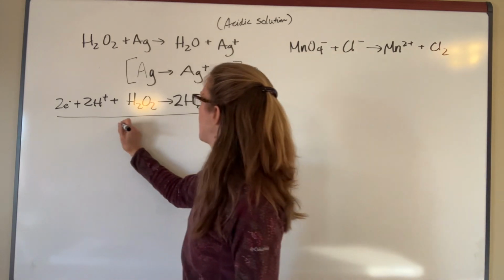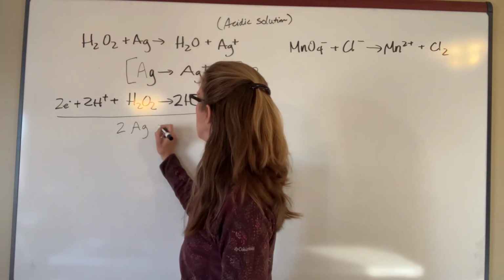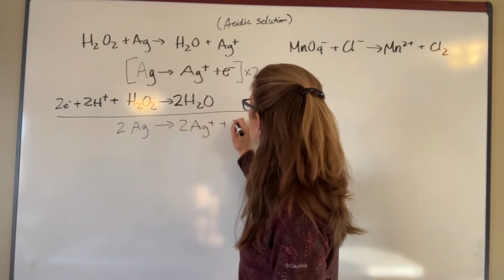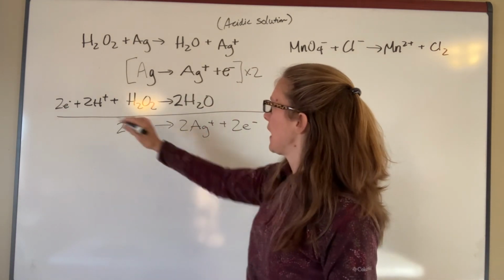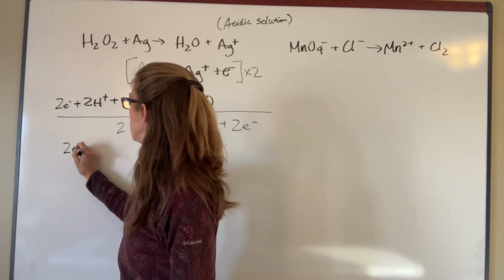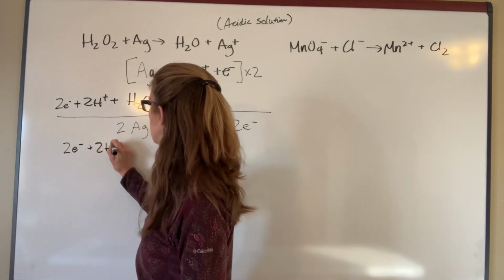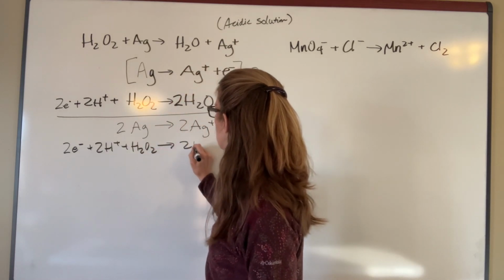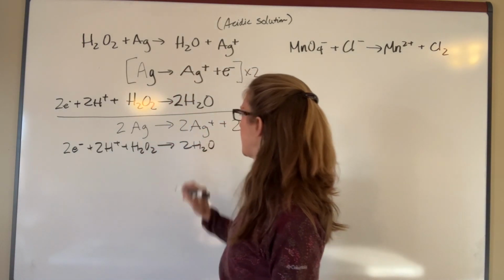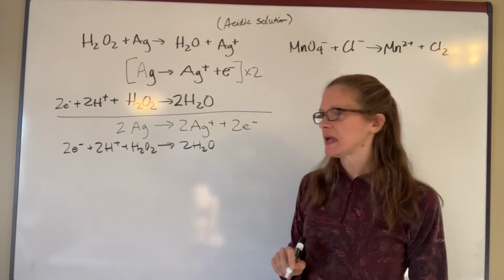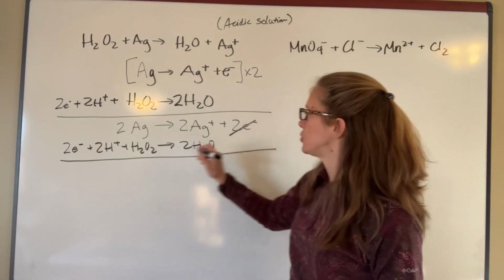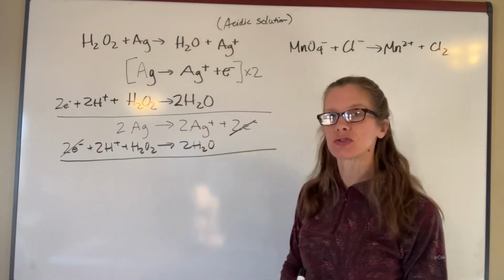So then I'm going to have 2Ag yields 2Ag plus 2 electrons. And I haven't done anything to this one, so that stays the way it is. And now when I add them together, the 2 electrons on each side are going to cancel out.